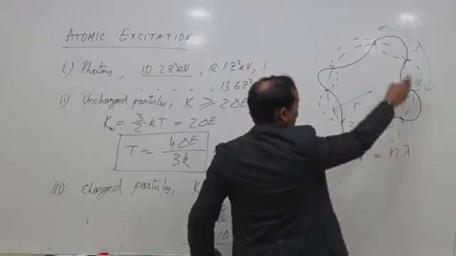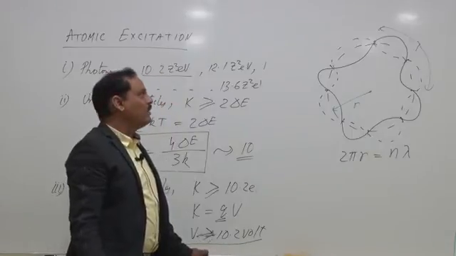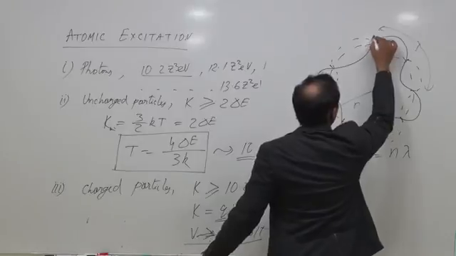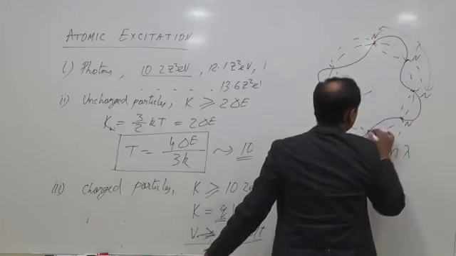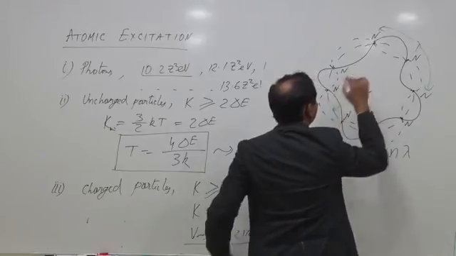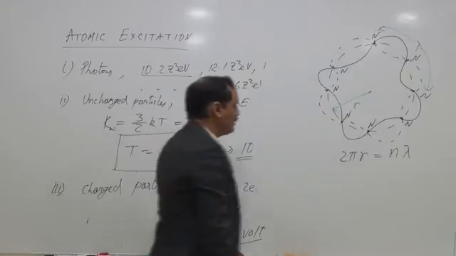That is, there will always be an integral multiple of wavelength in one loop, then only stationary waves could be formed, and these are the points of nodes. So nodes and antinodes are formed.